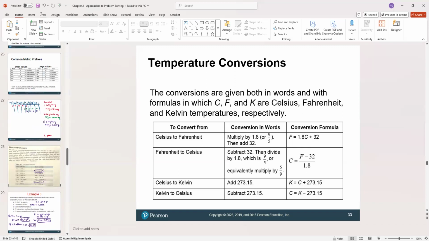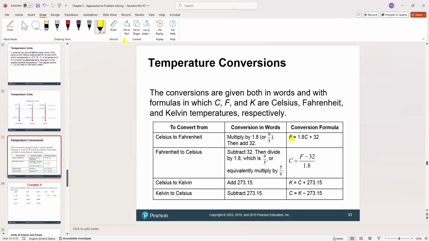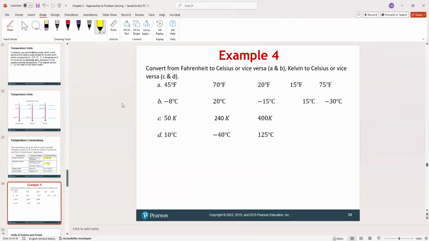Please, anytime, do not hesitate to use these formulas if you have Celsius and you want to convert to Fahrenheit, or if you have Fahrenheit and you want to convert to Celsius. I know it's only in science that we use Kelvin, but in real life, out there working with your neighbors and everyone, you're going to use Celsius and Fahrenheit.